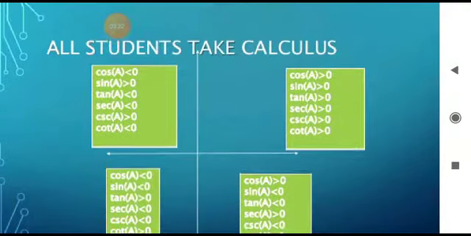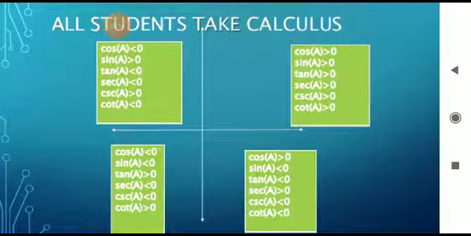So by this statement we remember through analogy: all student take calculus means in the first quadrant all are positive, in the second quadrant S stands for sin and the inverse of sin, cosec. Here the reciprocal of sin is cosec. So sin and cosec are positive and all others negative.